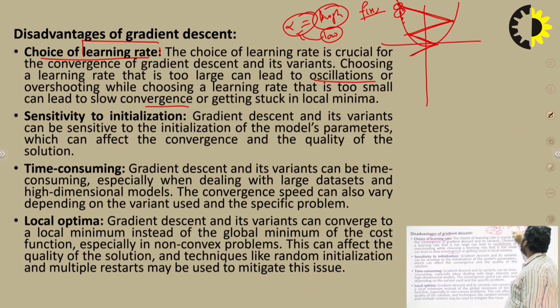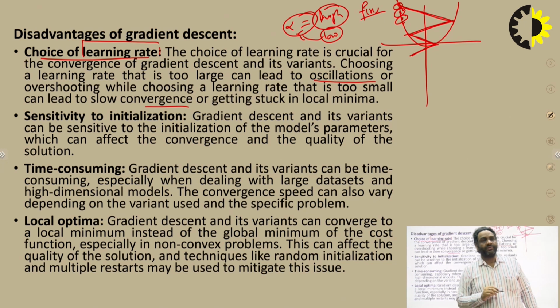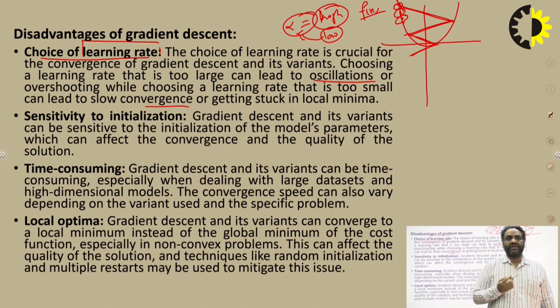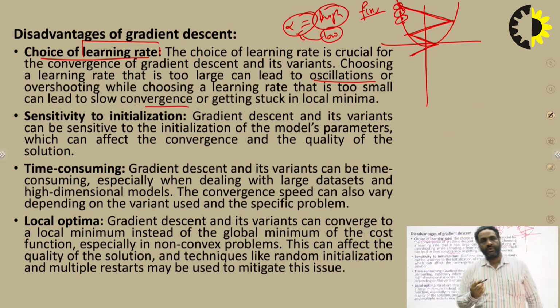At every iteration it will find a local minima, which is also not a good thing. So this is our first disadvantage of gradient descent, that is choosing an appropriate learning rate. It can't be high, and it can't be low. So this is the first disadvantage.